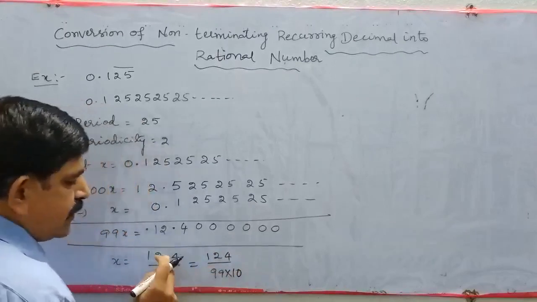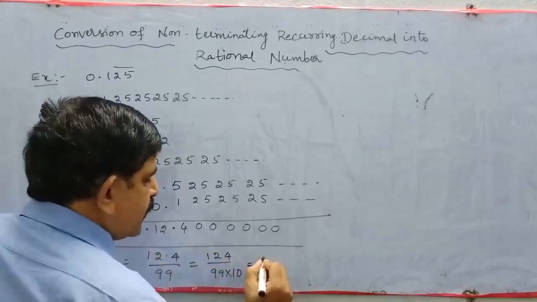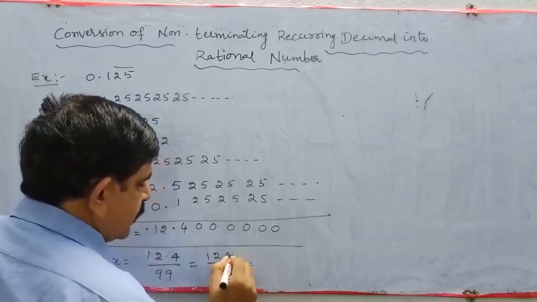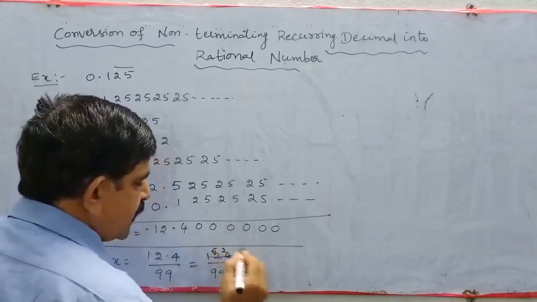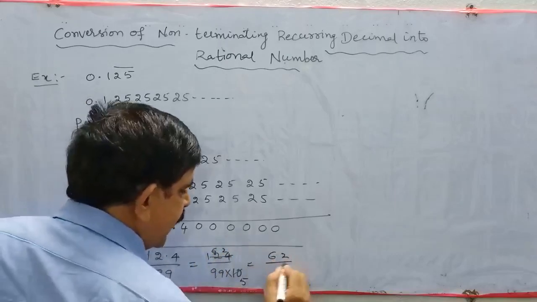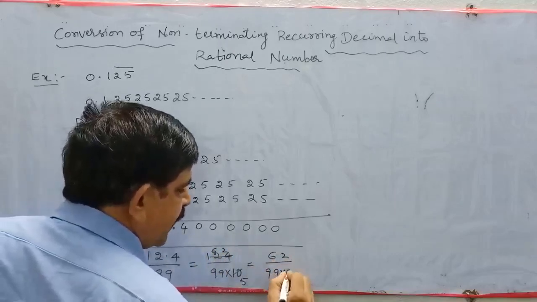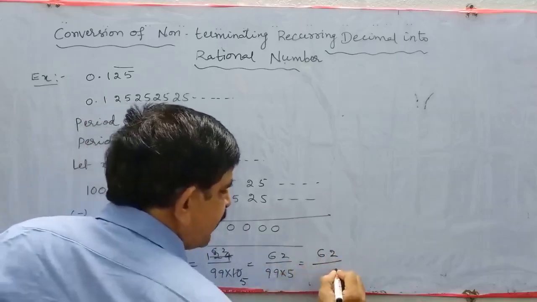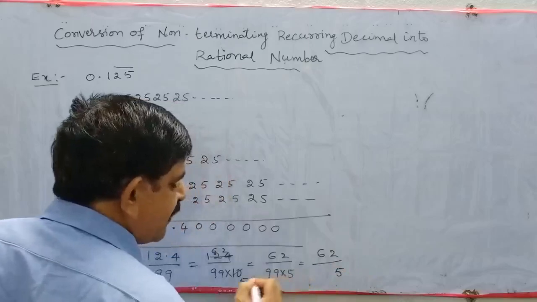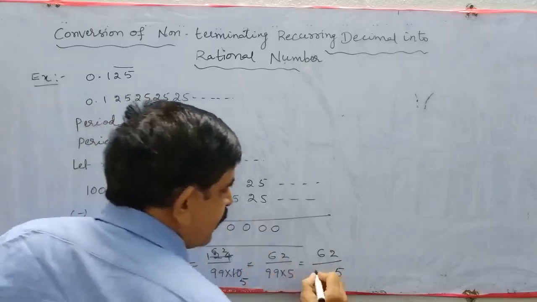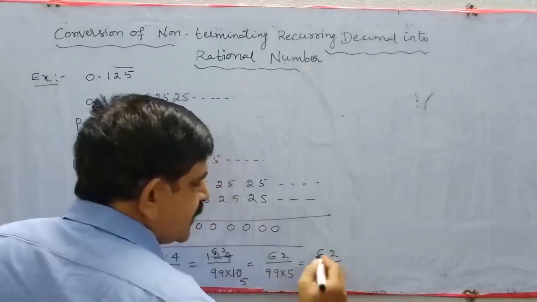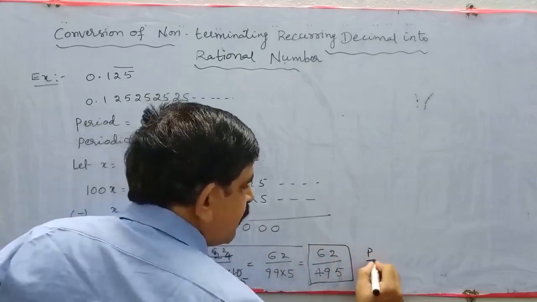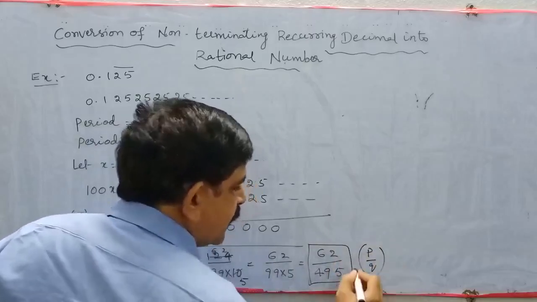Why this 10? To remove the decimal. Now 2 5s are 10, 2 6s are 12, so 62 by 99 into 5, which is 62 by 495. This is the p by q form.